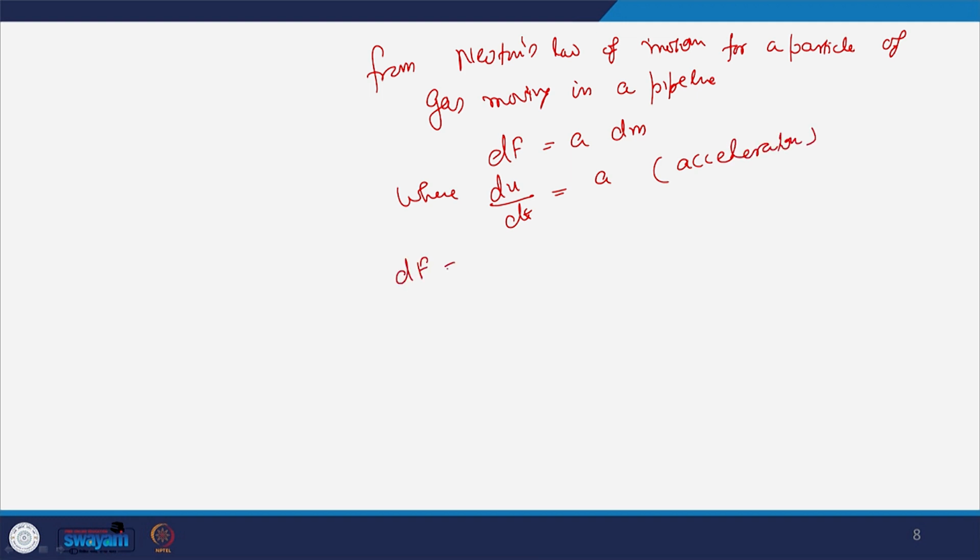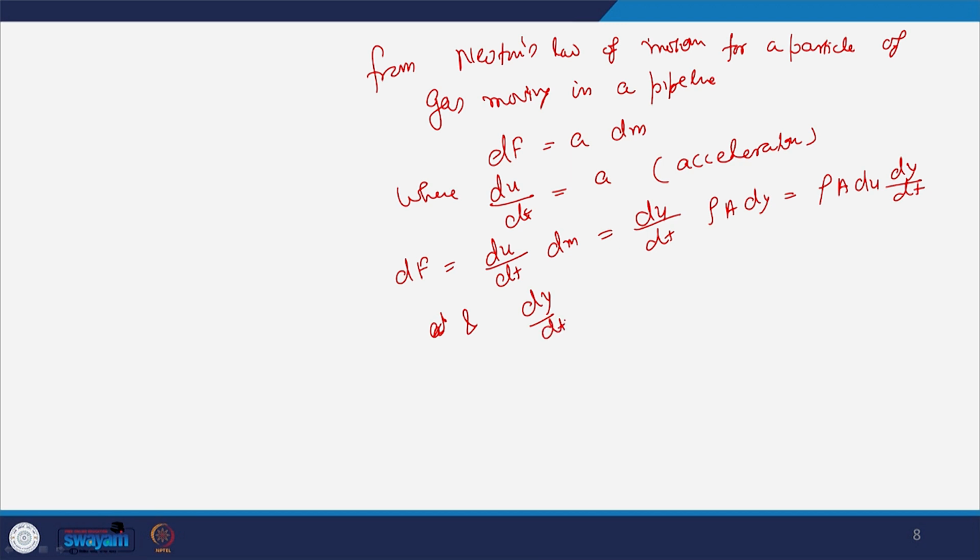So, dF is equal to du over dt dm, or du over dt rho A dy, and that is rho A du dy over dt, and dy over dt is equal to u. Therefore, dF is equal to rho A u du.